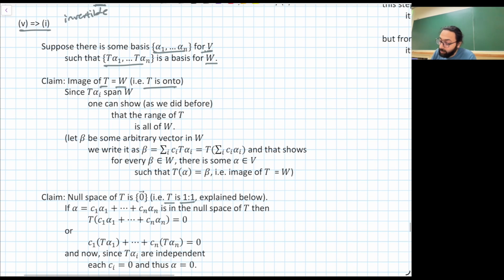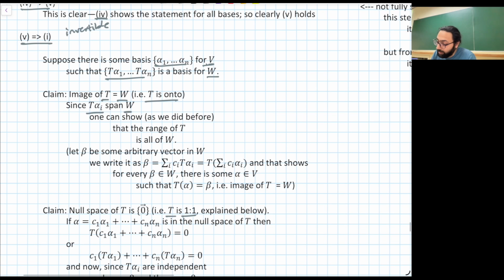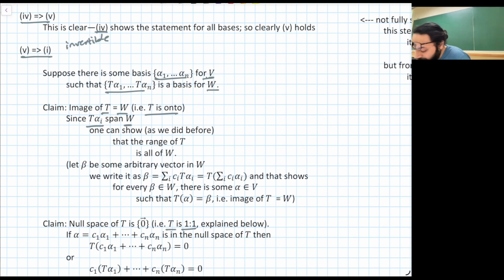So let's try to see. We want to prove that the image of T is W, that T is onto. Since T alpha i span W, we already assumed that this is a basis.